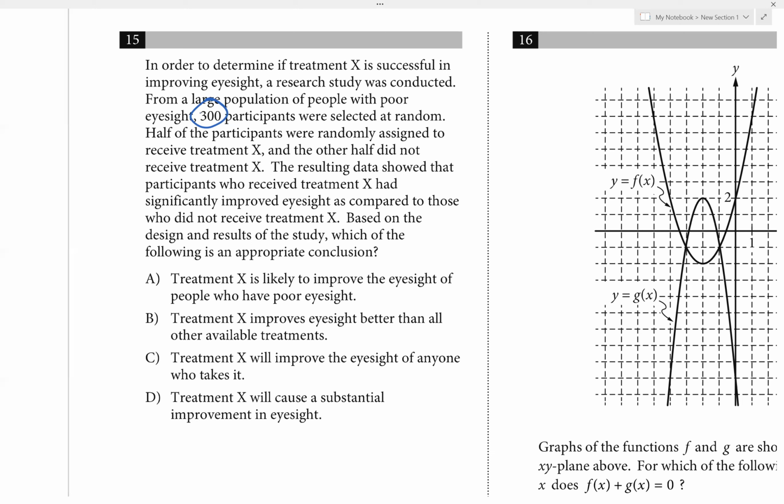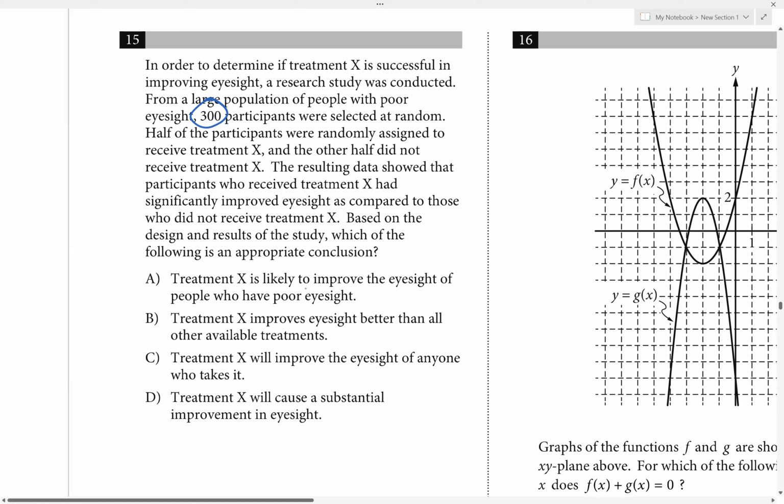So A says treatment X is likely to improve the eyesight of people who have poor eyesight. Based on the results of the study, we see that treatment X could be effective, because those people who had treatment X did have improved eyesight.